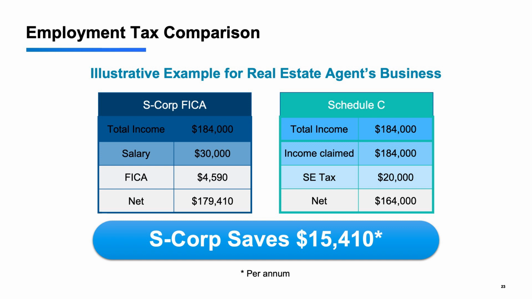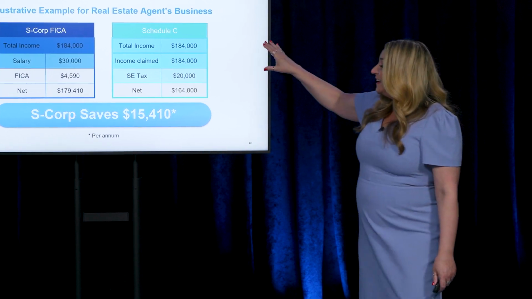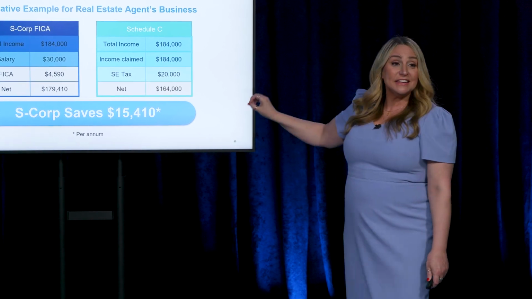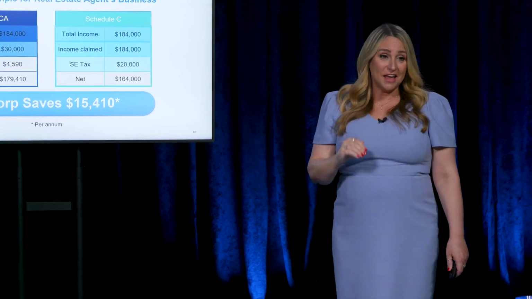The FICA that's due, $4,590, is what's owed on the salary only, and that leaves us with a net of $179,410. So in this particular case, the S corporation saves $15,410 per year. Now, another way of looking at this is saying that the sole proprietorship cost the taxpayer $15,410 additional in tax every year.